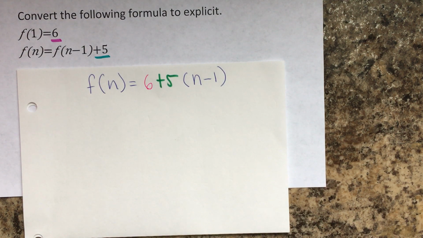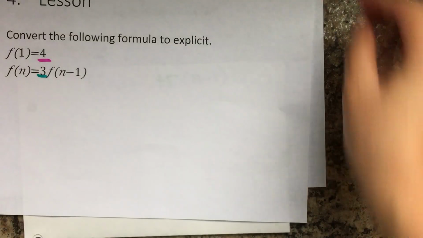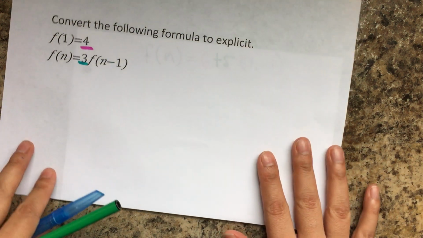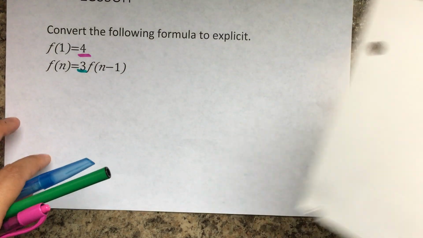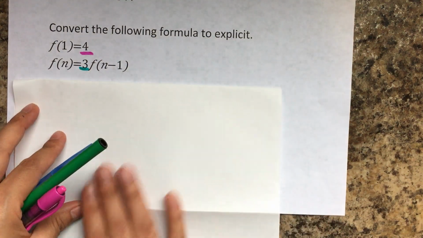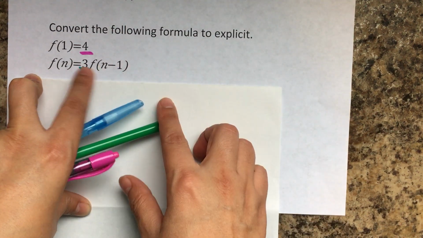Okay, let's do another one. How about this one? You might want to try it and see how you do with that. Okay, so again, you have your initial point, which is 4, and 3 is the pattern. But notice that the 3 is being multiplied. It's a coefficient.